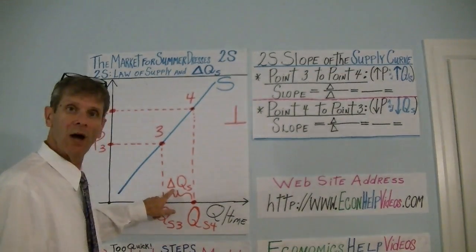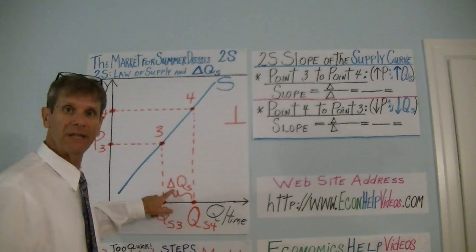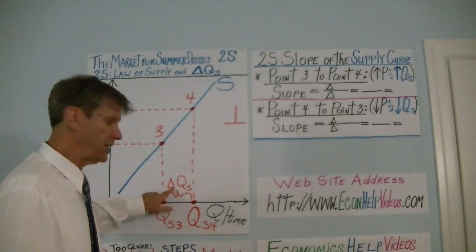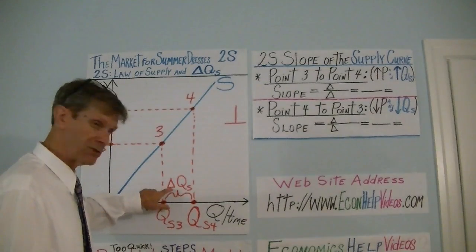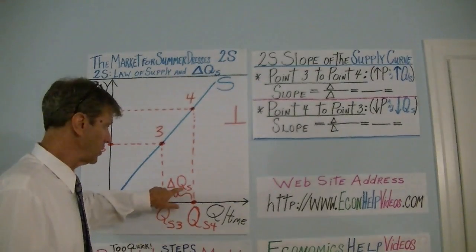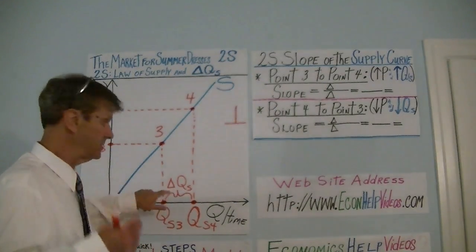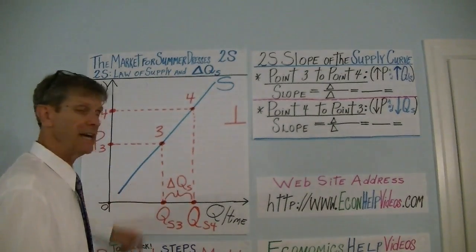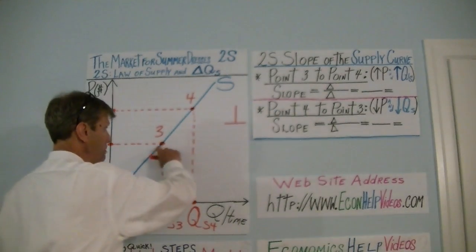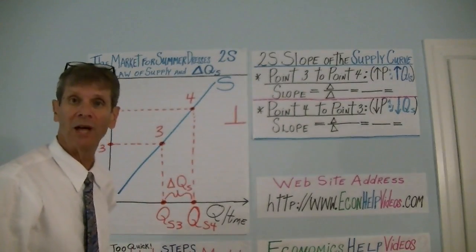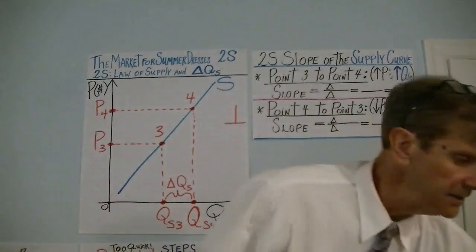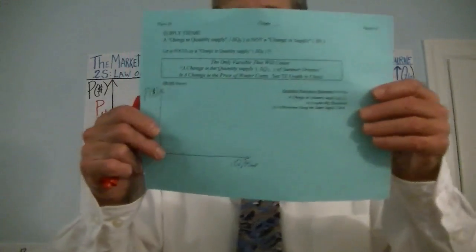And a change in quantity supply is graphically the 4-word phrase, change in, do you remember that from math? So that's 2 words, change in quantity supply. 4 words in total, change in quantity supply is graphically illustrated by a movement along the same supply curve. And that's the kind of stuff we have right on our handout.